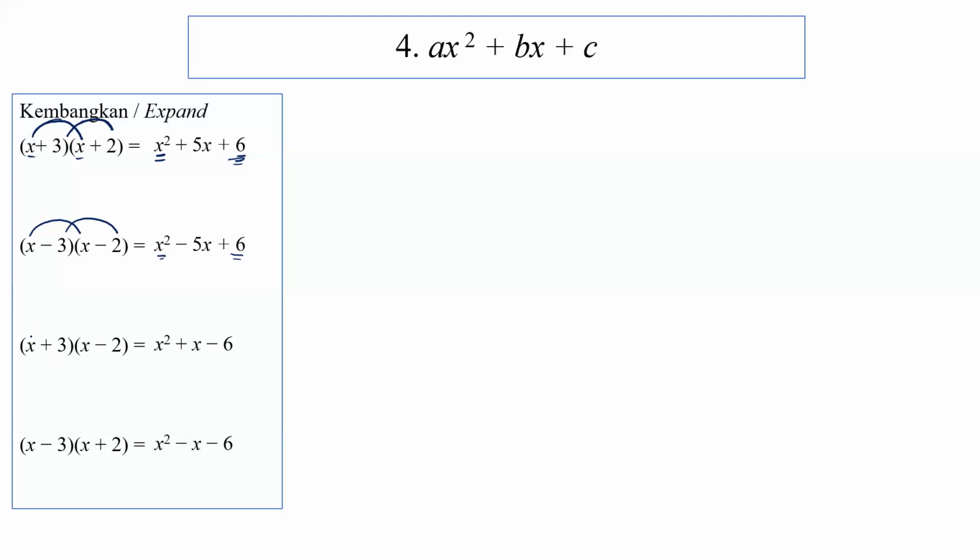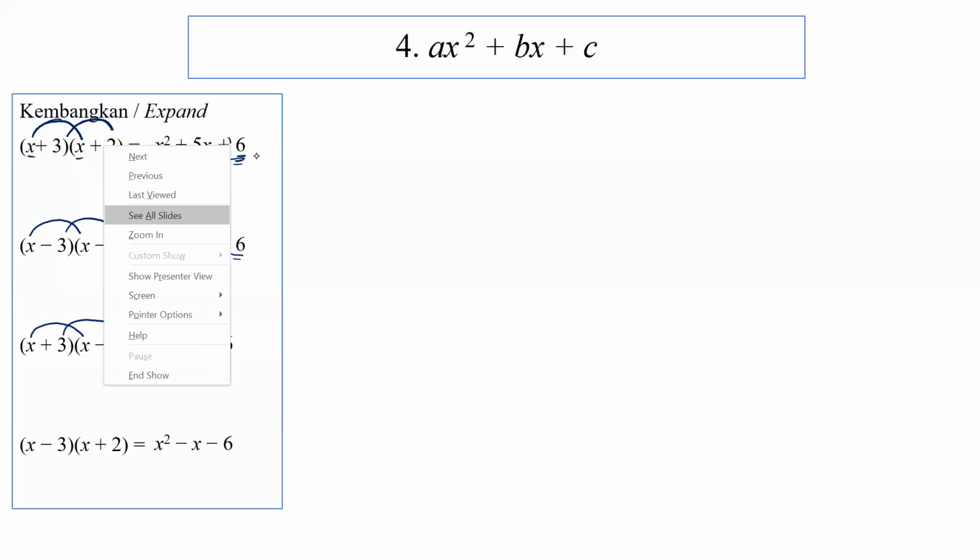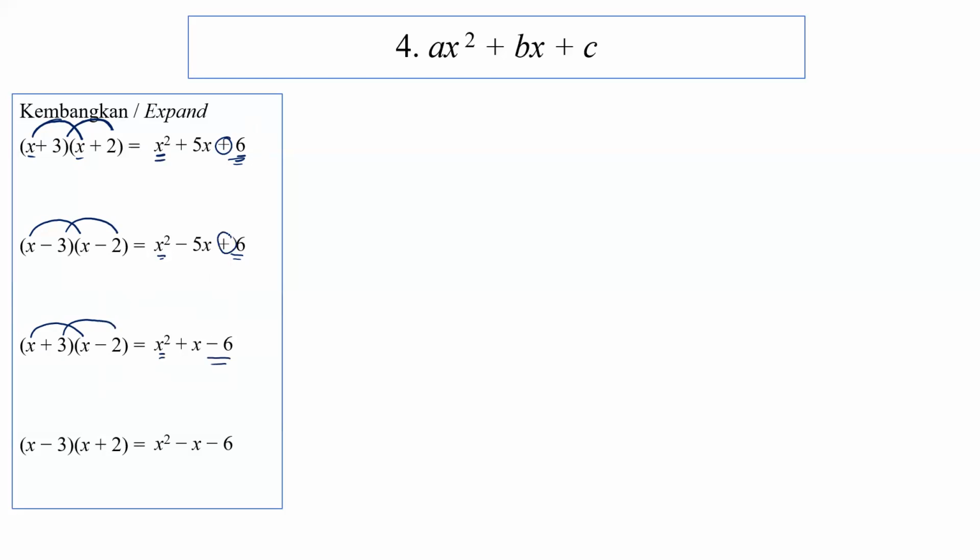All right. Then this one, x times x is x squared. Positive 3 times negative 2, we get negative 6. Can you see the difference here? These two are both positive because it is the product of two numbers of the same sign. It's either both positive or both negative. Whereas for number 3 and number 4, it is still the same numbers 3 and 2.